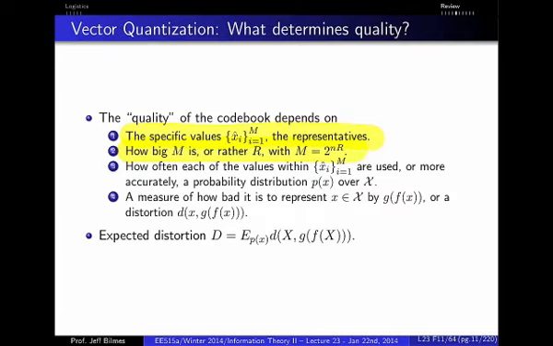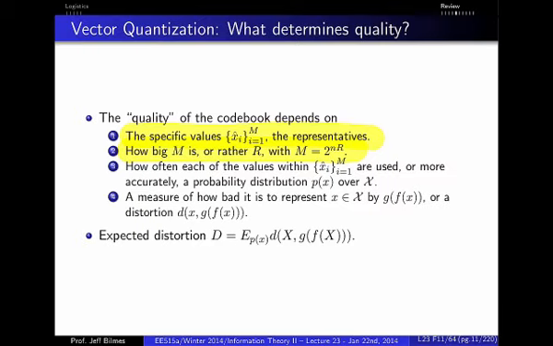Remember, lowercase n is our block length, and if we have r bits per source symbol, then n times r is the number of bits we can use for a block of length n. So we have 2 to the nr possible code words. The rate determines the number of code words, or the size of the code book. You'd expect that as the rate gets bigger, we do a better job, and at some point when the rate hits the entropy, we should be able to do perfectly.